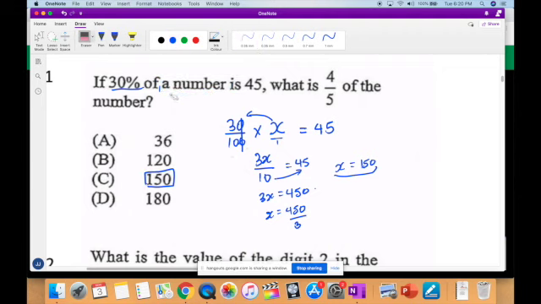You had to find out what the number is, but they asked what is 4/5 of the number. So therefore, 4/5 of, and of generally means multiply in mathematics, the number 150. That is 5 3s are 15, 4 3s are 12, and the answer is actually 120.